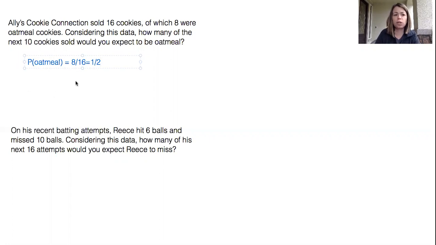Now what we're going to do is take that probability of 1/2 and apply that to the 10 cookies. So if our probability of selling an oatmeal cookie is 1/2, then we can take 1/2 and multiply it by the number of cookies we sell altogether, which is 10. So 1/2 of 10 is 5.